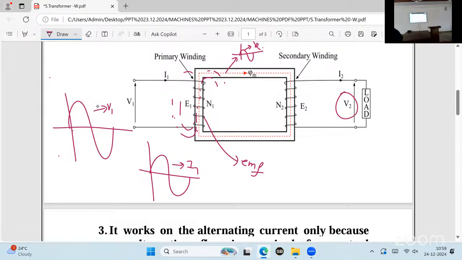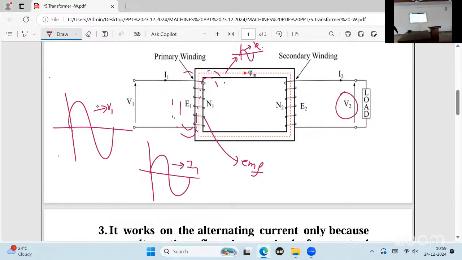Automatically, we got E1. How did you get flux? Current should enter into the coil. How did you get current? Because of voltage. So we have to give the supply to get E1 across the primary winding. Finished. Completed.